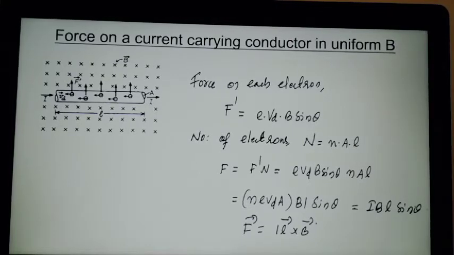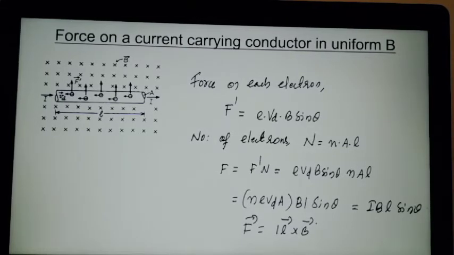No confusion regarding that. So small n, that we have already discussed, is the number of electrons per unit volume, A is the area, and L is the length. So capital N is the total number of electrons, that will be n into A into L. So total force experienced by all the electrons, F, is equal to N into F dash, which is equal to e Vd B sin theta multiplied by nAL. e Vd B sin theta is F dash and nAL is capital N. So from that, some terms you can take together, that is n e A Vd.